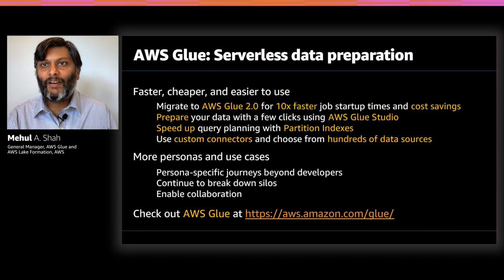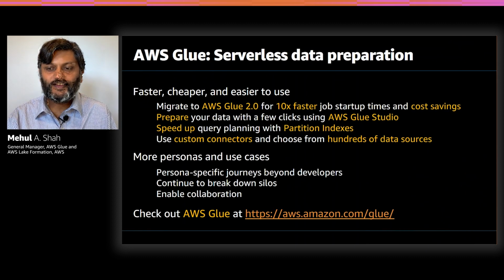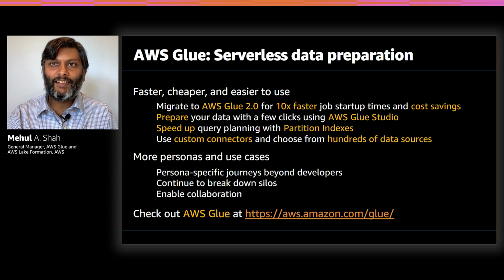All right, now to conclude. I've told you about a number of new features that have made Glue faster and cheaper. We've shown you tools that make Glue accessible to non-programmers, ETL specialists, data scientists, and data analysts.